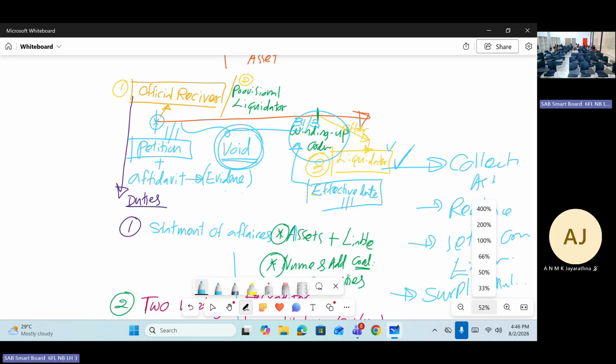Then after the winding up order, that party is named as liquidator. After the winding up order is given, it is the liquidator.